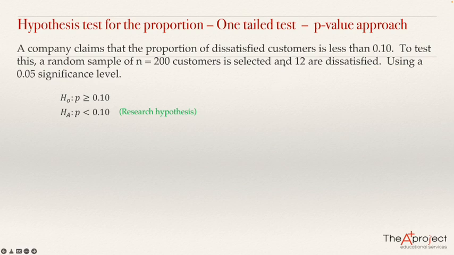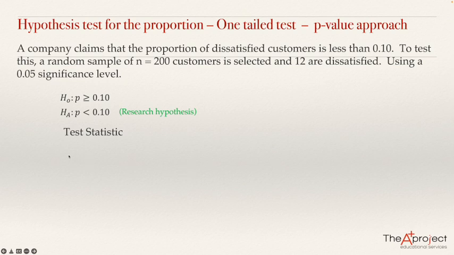If we have a hypothesis test for the proportion, the test statistic follows the z distribution, the normal distribution. And because in this case we are going to use the p-value approach, we are going to start immediately computing the test statistic, the z-value.